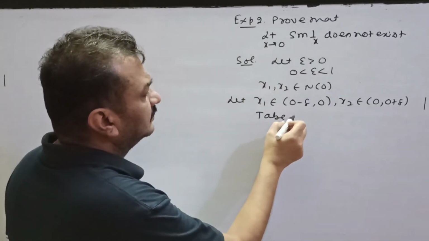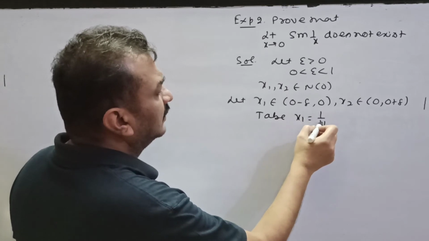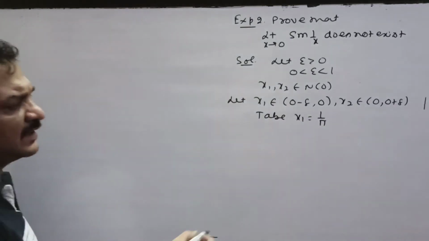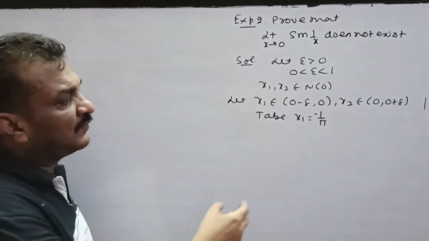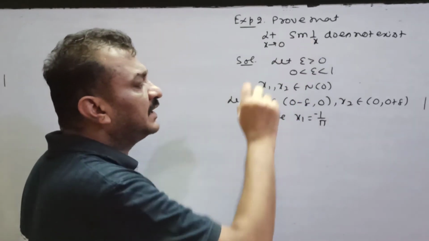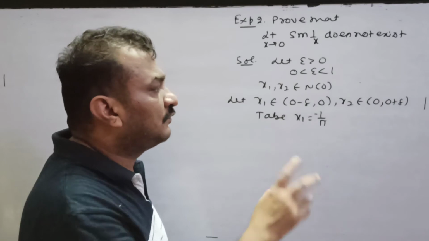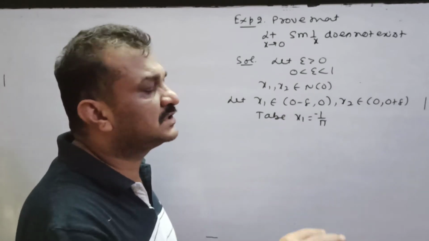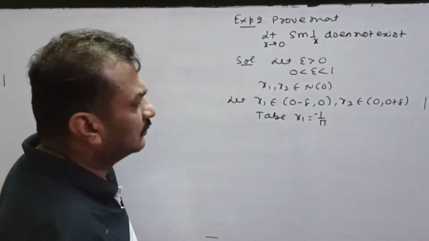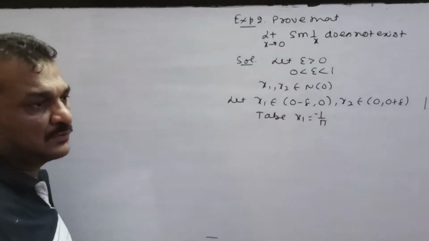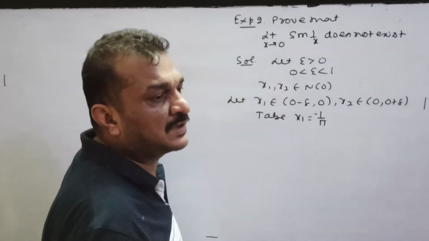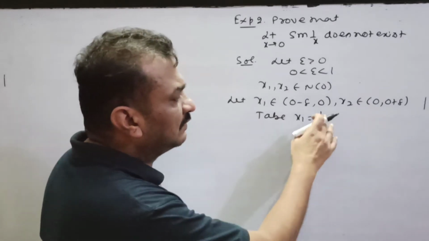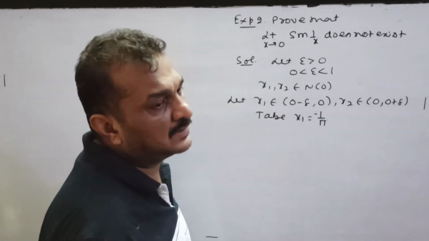Let us take x1 equal to minus 1 upon pi, negative. Why did we choose 1 upon pi? Because we have 1 by x, so 1 by x becomes sin pi. So we have x1 equal to 1 upon pi, and this one is negative and less than 0, because pi is 22 by 7 and lies in the negative values.